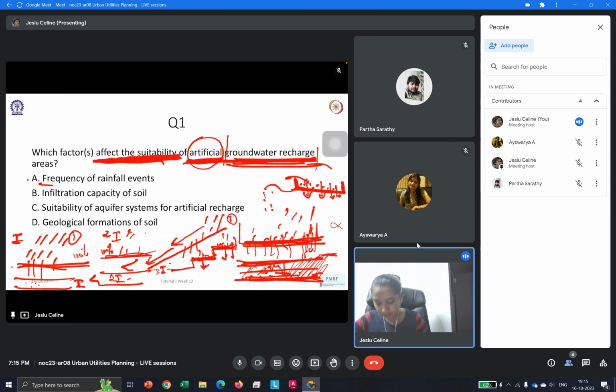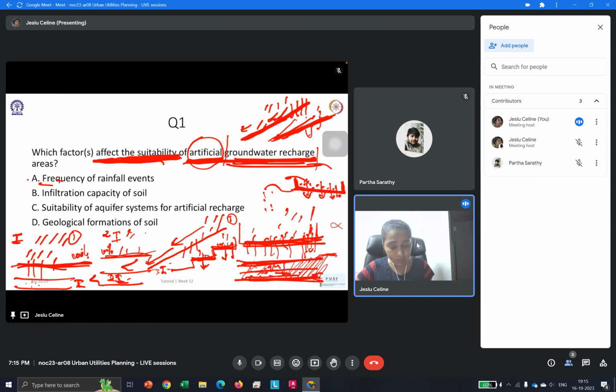If it is more frequent, there is probably some amount of percolation, because water is continuously flowing. But if the frequency reduces, then it comes and immediately goes off, so the water is not able to penetrate inside. So you will need an artificial recharge structure over there.